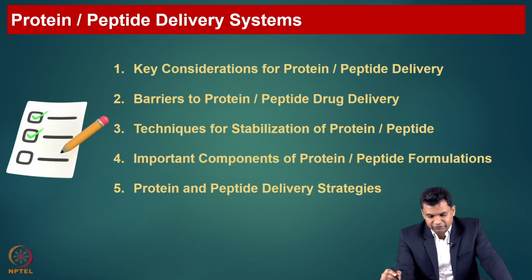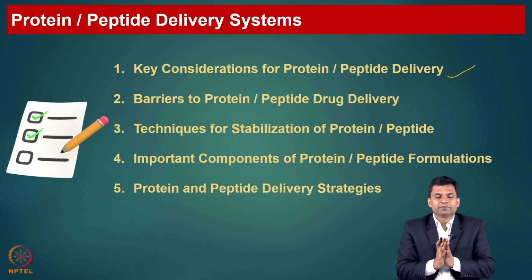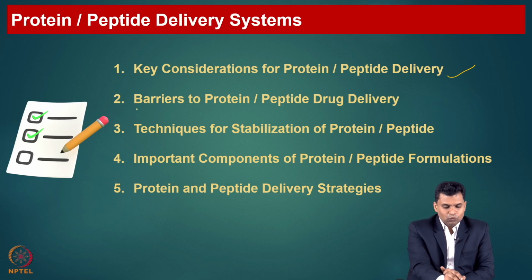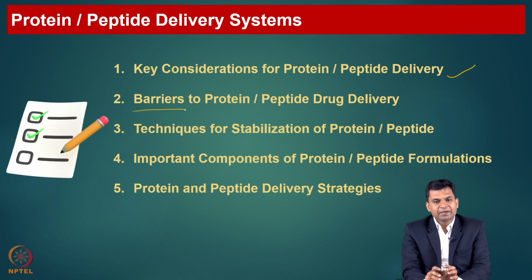Here we will start with the key considerations for protein peptide delivery systems. There we are going to understand the physicochemical properties of the protein and peptide molecules which are considered in delivery systems. After that, we will see the various barriers which hinder the delivery of protein and peptide molecules.